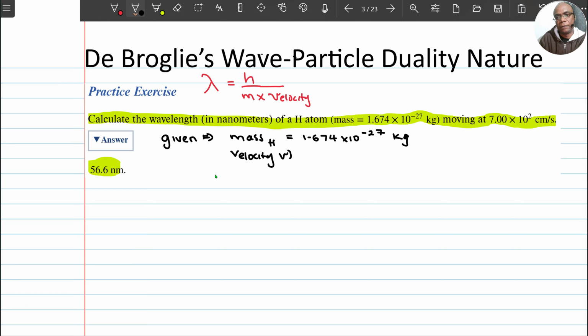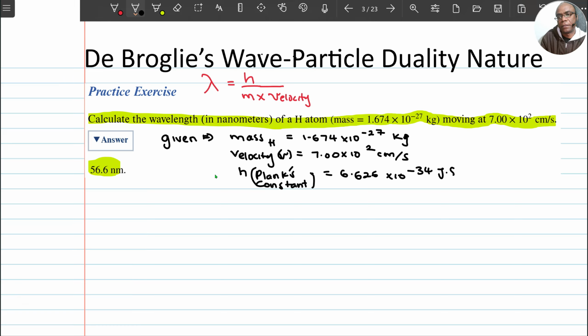Velocity v is given as 7.00 times 10 to the power 2 centimeters per second. Notice the units. What also we should know is Planck's constant. Planck's constant must also be identified as 6.626 times 10 to the power minus 34 joule seconds.